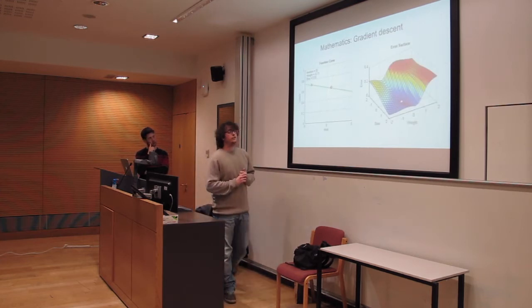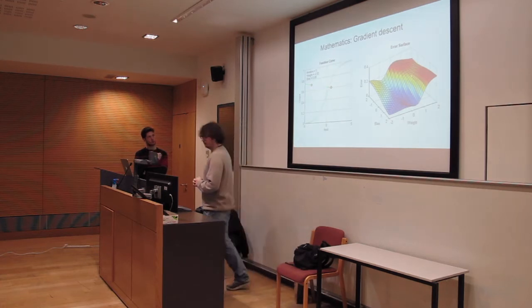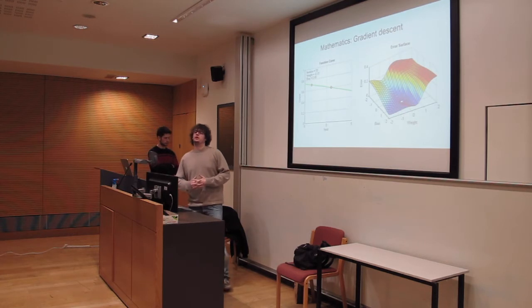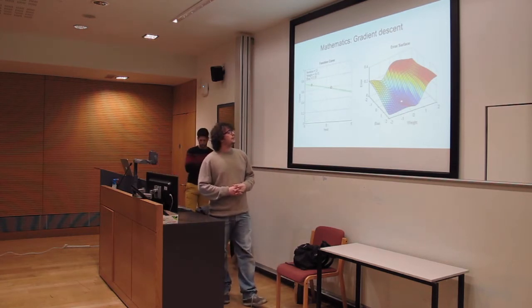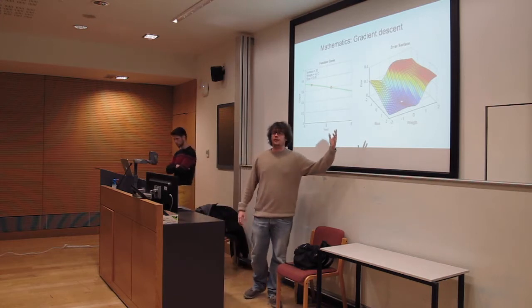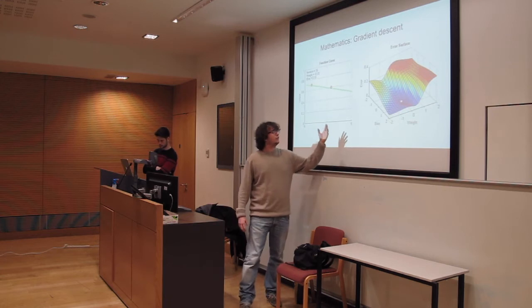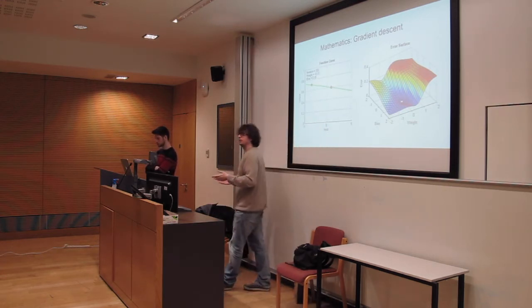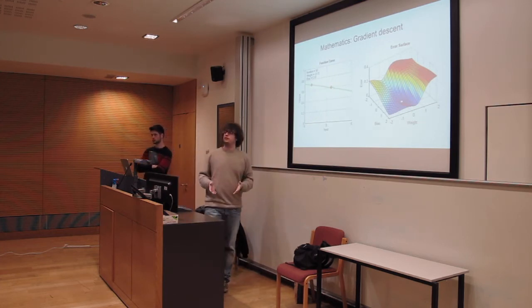The way this is most commonly done is by gradient descent. Gradient descent is a very general technique within machine learning and within mathematical optimization, and basically, given the values of your parameters, it selects the direction in which you need to update your parameters in order to make your loss function decrease as fast as possible.